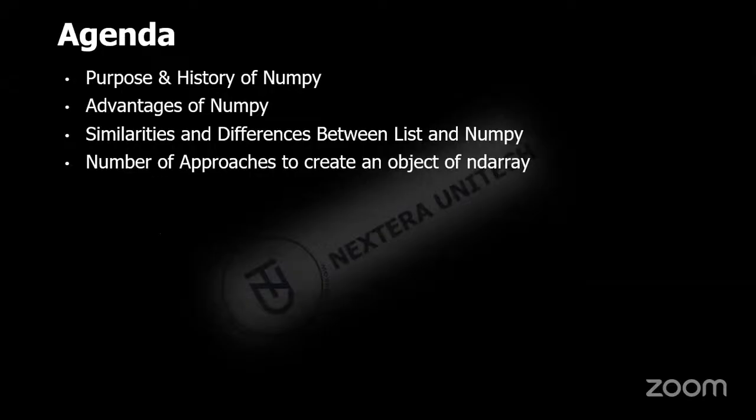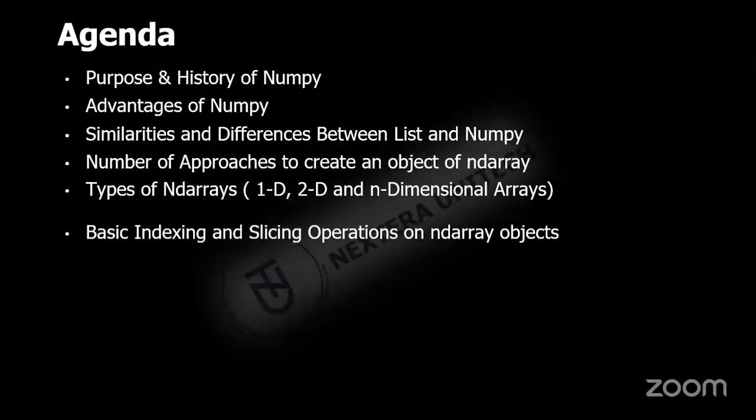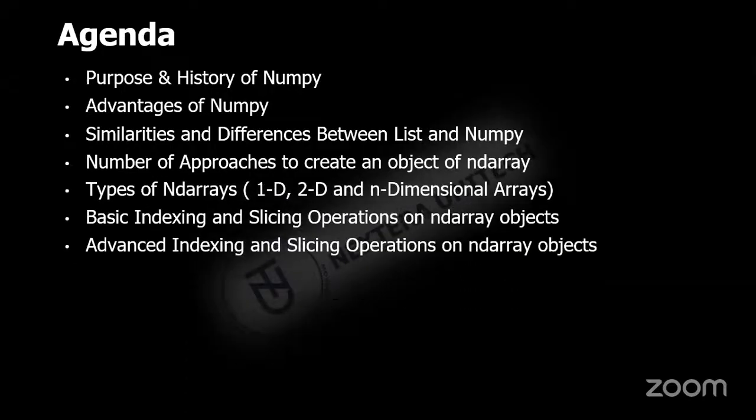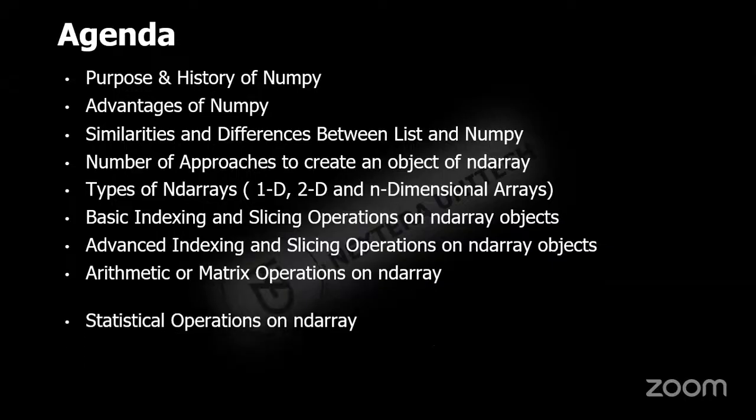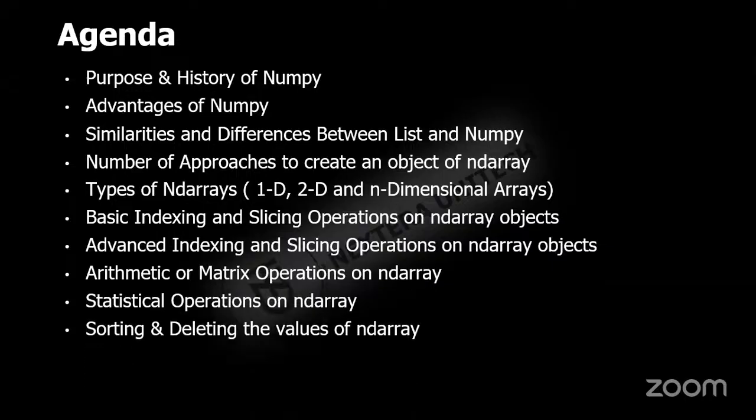So in the last class, we understood what exactly NumPy is and what the advantages of using NumPy are. We understood the purpose and the history of NumPy. Next, we understood the advantages of NumPy.